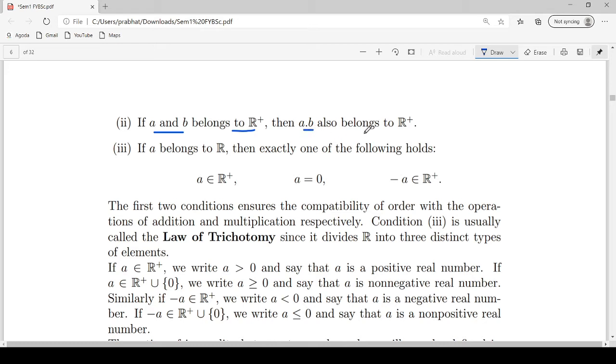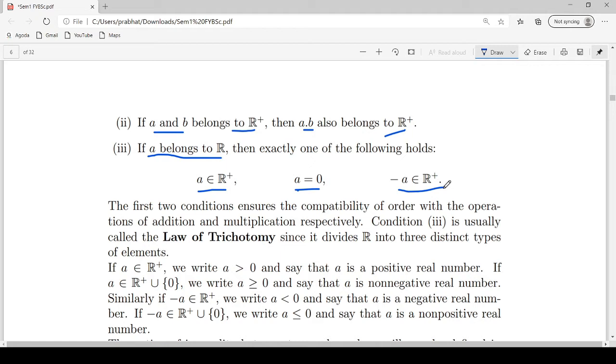And the third property which our set of positive real numbers satisfies is that it divides our set of real numbers R into three distinct types of elements. That means if A is any real number, then either A will belong to R plus, or A will be 0, or the additive inverse of A will belong to R plus.